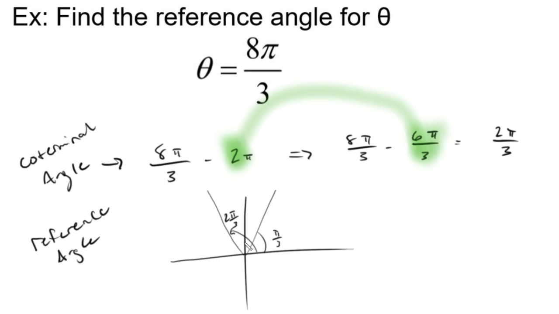Now, what is the reference angle? Well, the reference angle would be this distance here. It would be whatever quantity would be necessary to finish out to get to pi. So remember, this rotation is 2 pi over 3, but the entire half rotation is 1 whole pi.